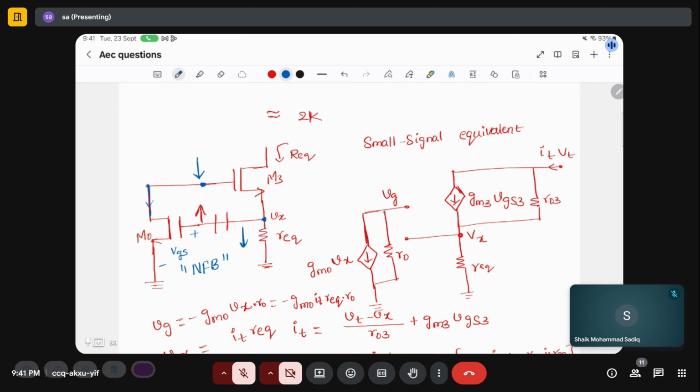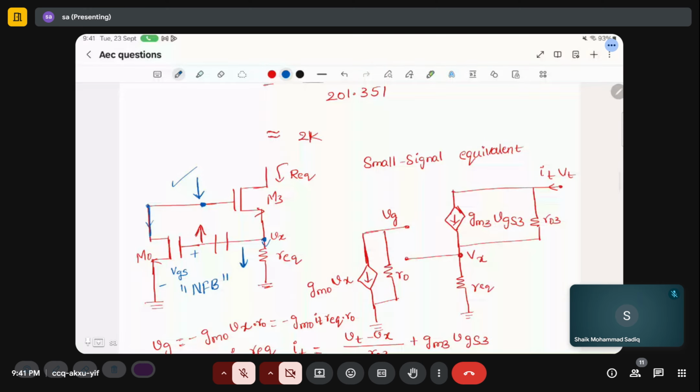So this node potential will decrease. And then here you are decreasing gate potential, so VGS also decreases. The current flowing in Vx is nothing but I into this resistance. So I decreases, so Vx also decreases. VGS decreases.